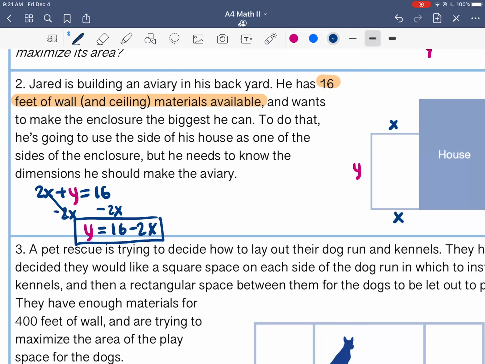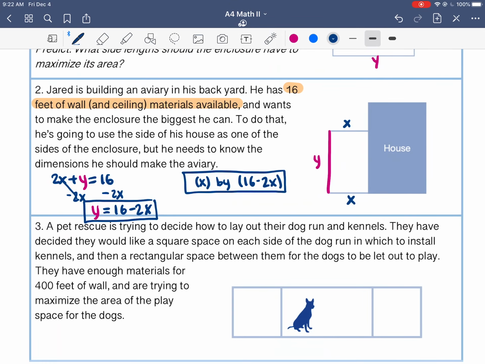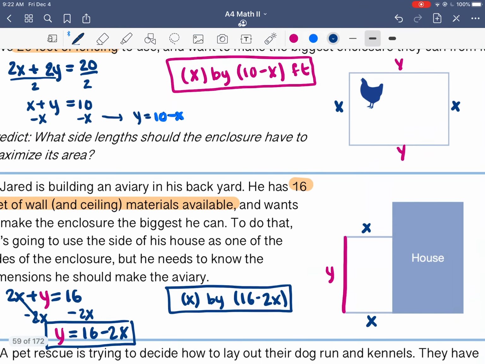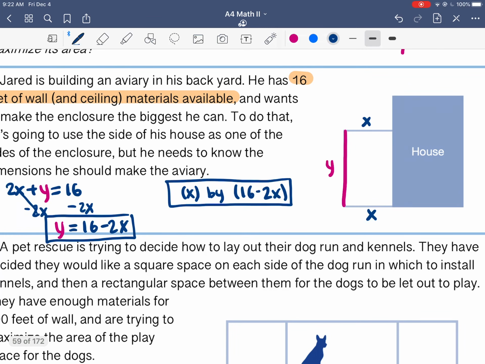And those are our expressions for the side lengths of this aviary. I just put them in parentheses because it helps me see them separately, but it's not super necessary. So one side is x, the other side we figured out can be written as 16 minus 2x.